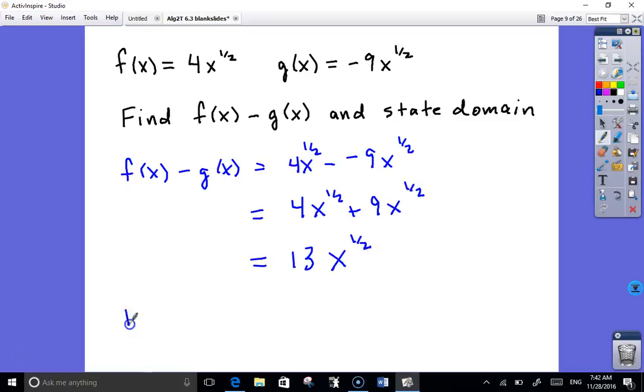And the domain, anything different about this one than the last one in terms of domain? It's the same thing, so just say x greater than or equal to 0.